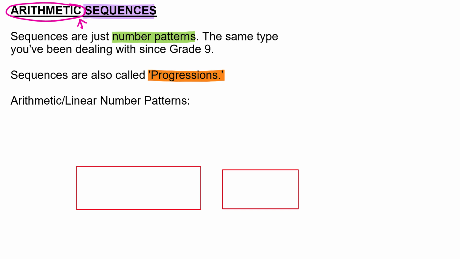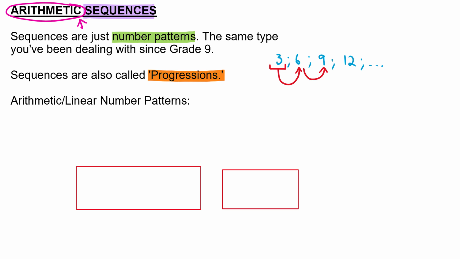term to the next. So if I maybe gave you a pattern like this, let's say 3, 6, 9, 12, etc., the first question that you need to be asking yourself is, how do I get from this first term there, that 3, to the next term there?